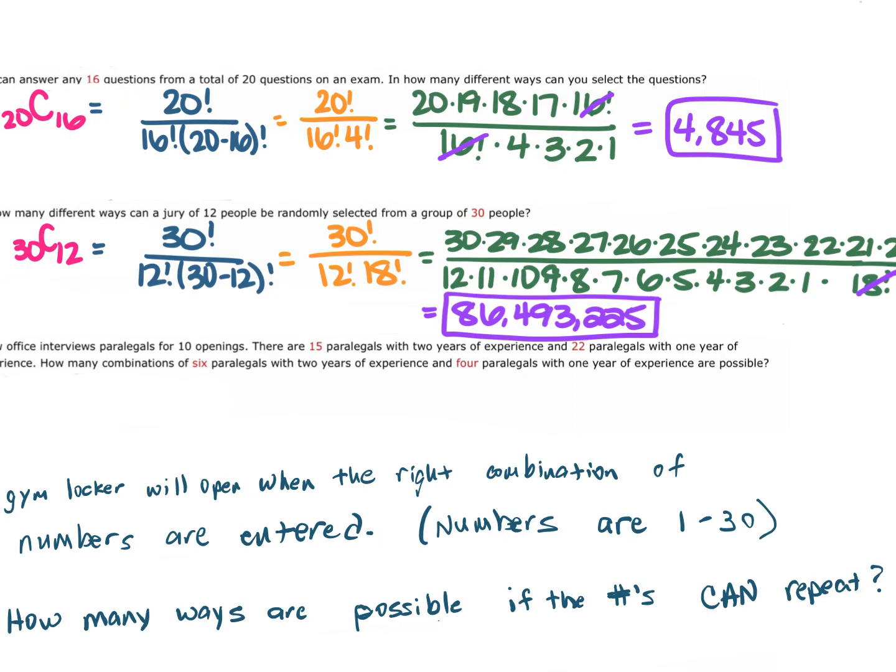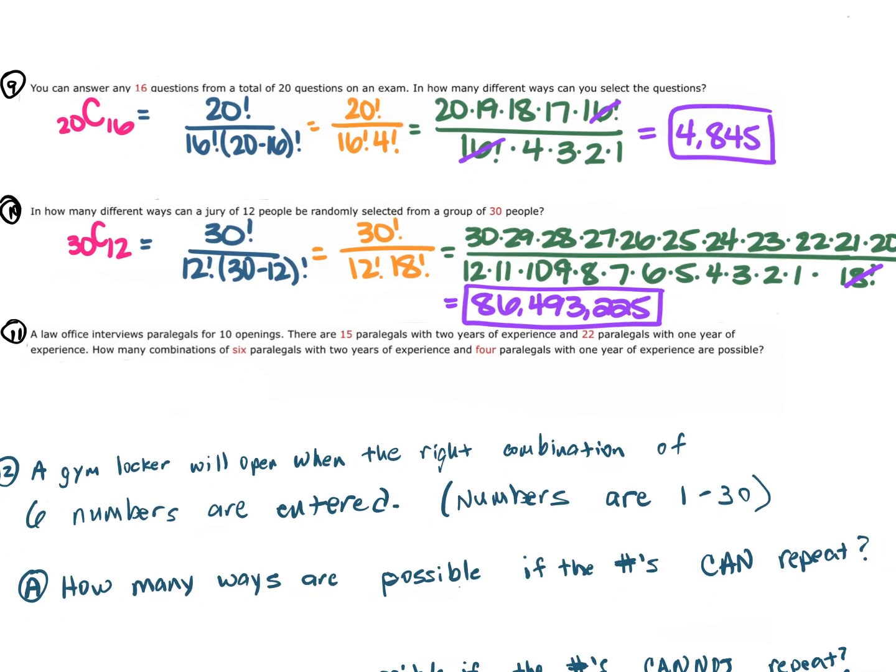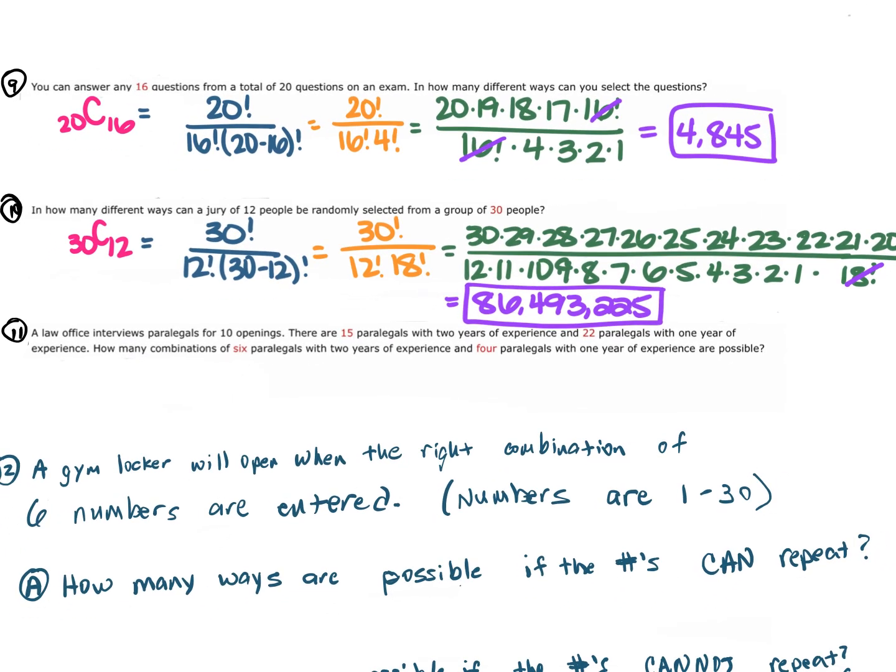For number 11, it tells you that a law office interviews paralegals for 10 openings. There are 15 paralegals with 2 years of experience and 22 paralegals with 1 year of experience. How many combinations of 6 paralegals with 2 years of experience and 4 paralegals with 1 year experience are possible? So, 10 total openings, kind of irrelevant.